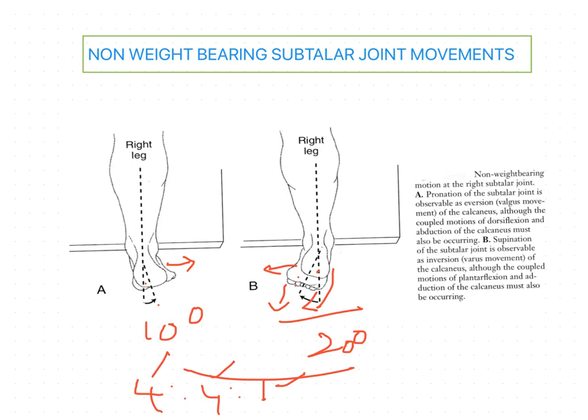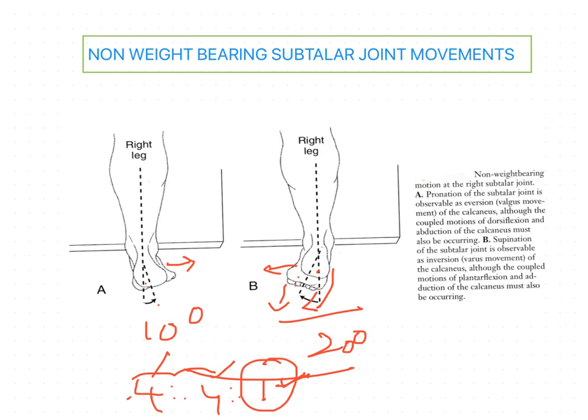Because of the axis which crosses the subtalar joint, it is by itself indicating that there is a decreased value of dorsiflexion and plantar flexion, whereas eversion and inversion and abduction and adduction are almost equal. This is the ratio of eversion, inversion, abduction, adduction and dorsiflexion, plantar flexion.